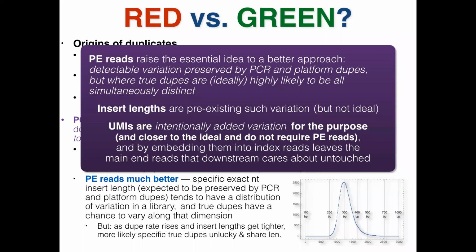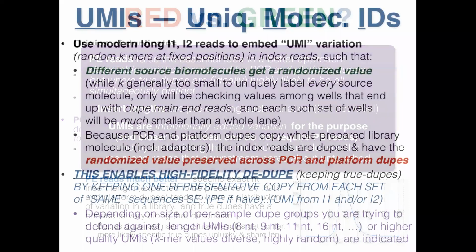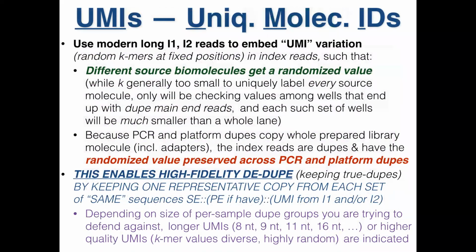So that's the idea for UMIs. Now the I1 and I2 reads can be used for this. In the days when there were 6 bases or so, there was no room to put a UMI. You needed all those bases. But these days, index spaces are so long that we can commit some of them to the demultiplexing, and then we've got ones left over to do anything we like. And so let's make them UMI.